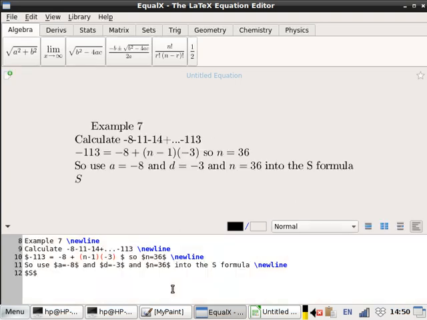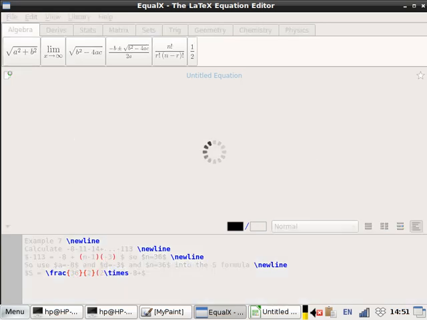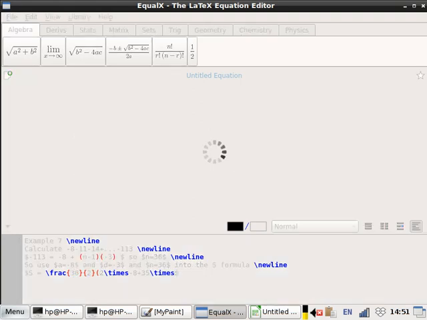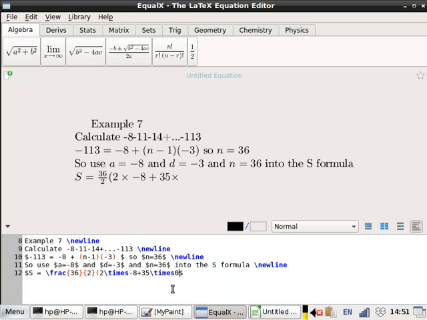Can you type that into the S formula? What would it be? n over 2, which would be 36 over 2, times 2a plus n minus 1, which is 35, I think, times d, which is minus 3, isn't it?